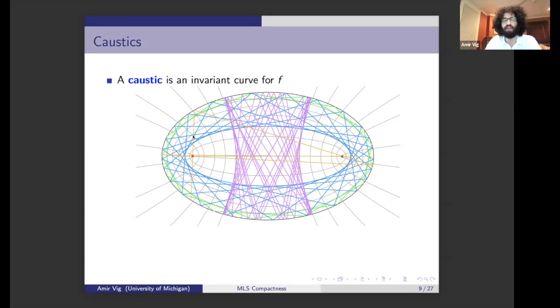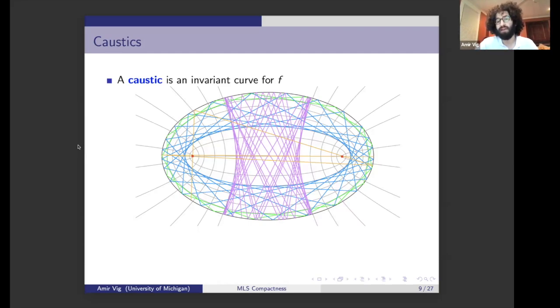It's a curve such that if any link is tangent to this interior curve, then after an elastic reflection at the boundary, it remains tangent to the same curve. So in particular, periodic orbits, even degenerate ones, can circumscribe these caustics.